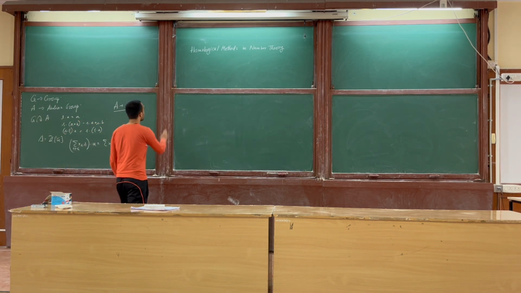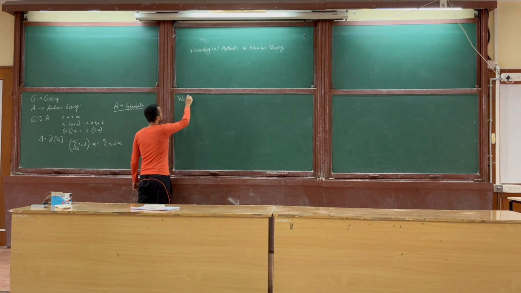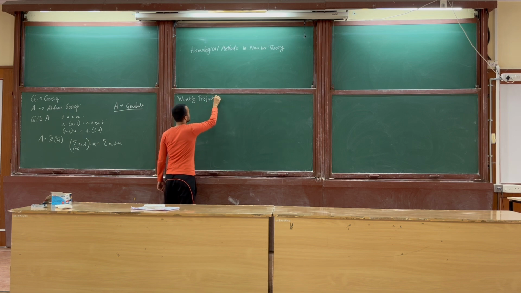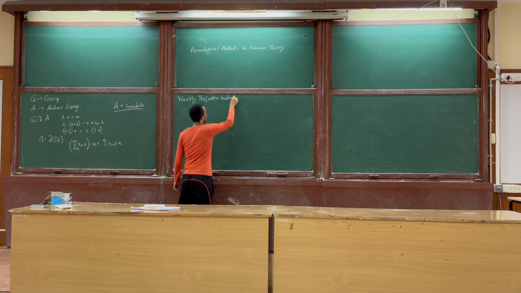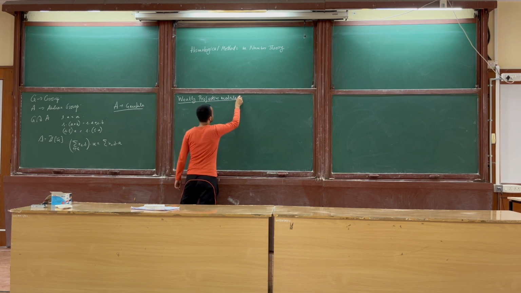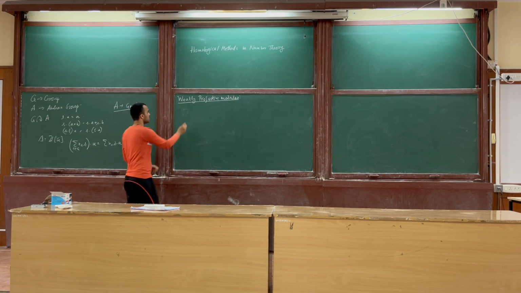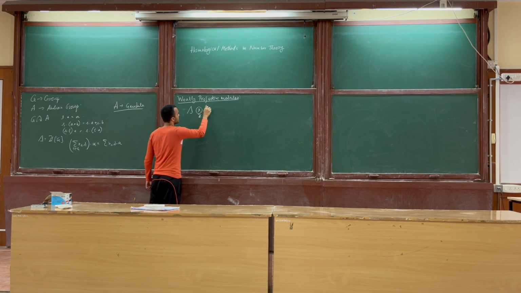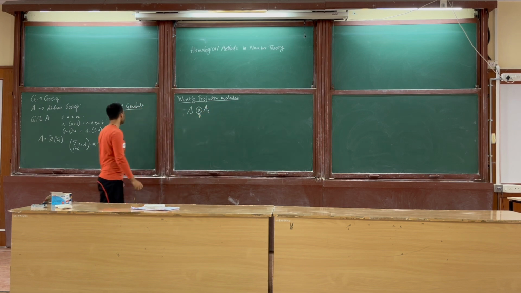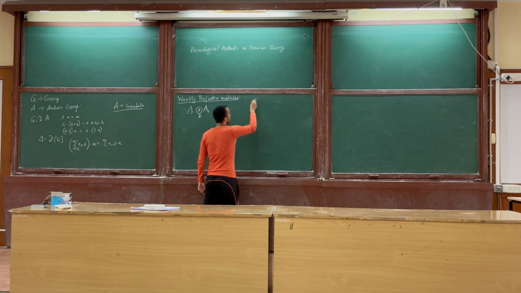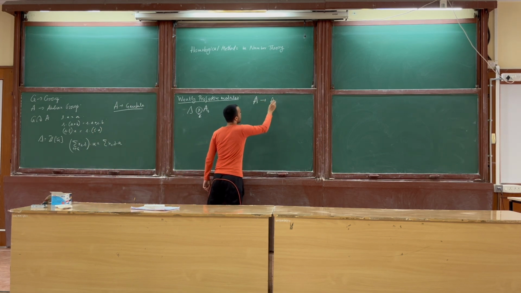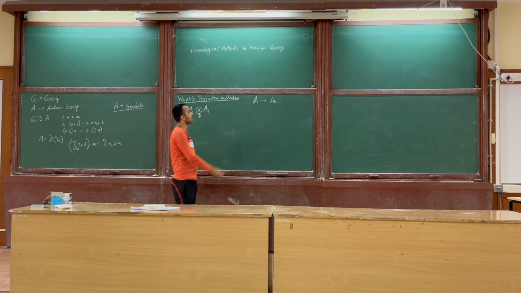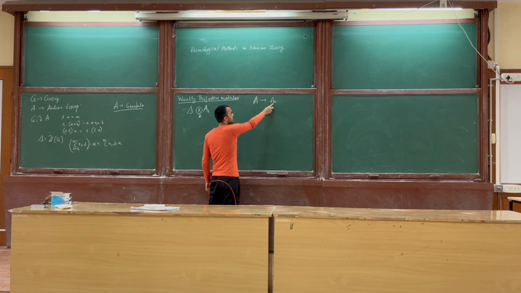Now, let me introduce some notions. What I mean by A0 is this: I have a ZG module A, and A0 is the same as A, but we are forgetting the ZG module structure on it.